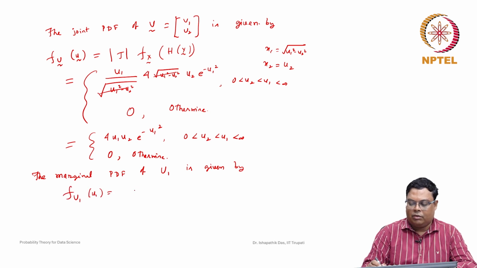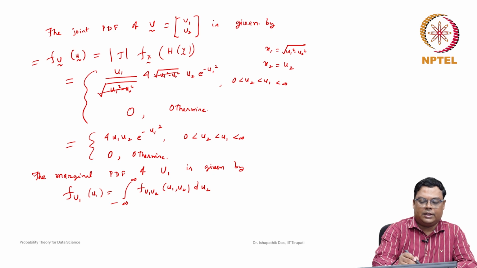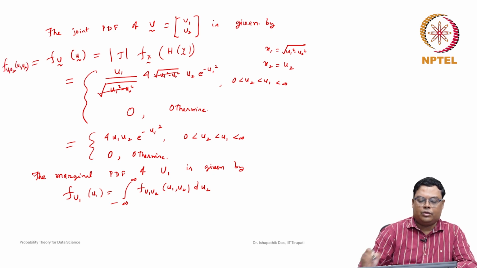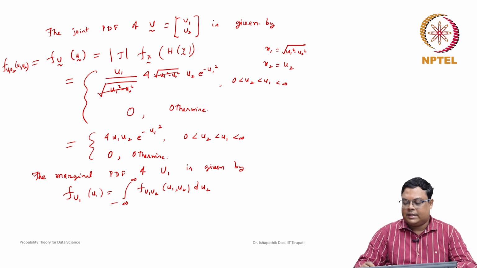This is non-zero whenever the condition is satisfied, so now we want to find the range for u2. For any given value of u1, u2 is from 0 to u1.